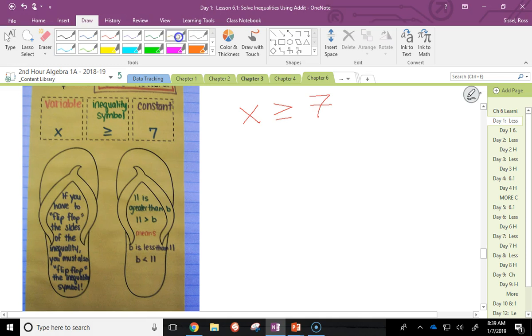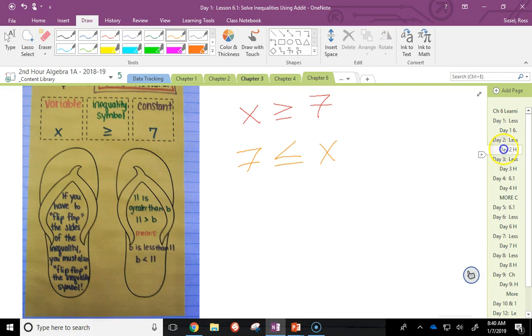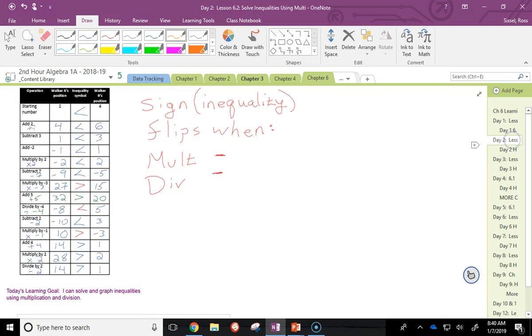But if I was to write this as 7 being compared to x, because I flipped the order, my inequality sign also had to flip. So, x is greater than or equal to 7 is the same as 7 is less than or equal to x.